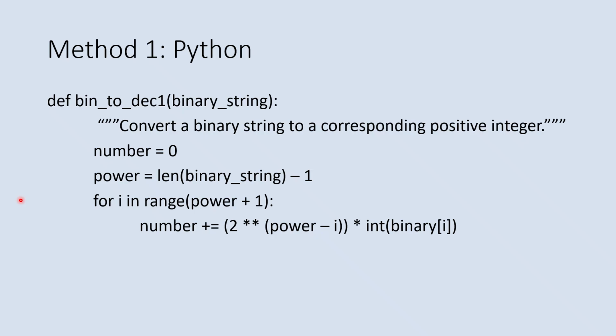If the bit is a 1, then we are adding in that appropriate power. When we get to the end of this, the last one will be power minus i, but i at that point will be the last value in the range, so it will be power minus power, which corresponds to the ones place, 2 to the 0th power times whatever that bit is. If it's a 1, we're adding a 1. If it's a 0, we're not adding anything.